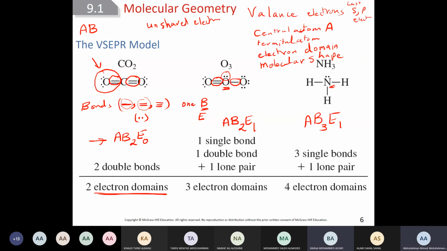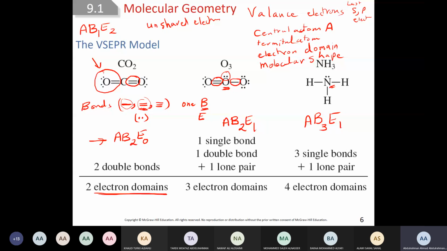It's double bonded, so AB1, and E2. Exactly. That's the electron domain.